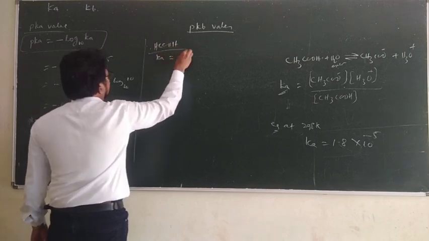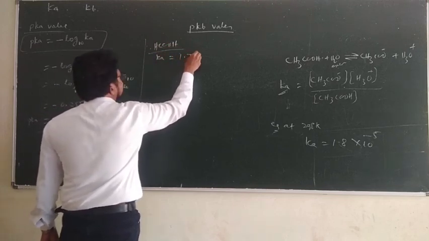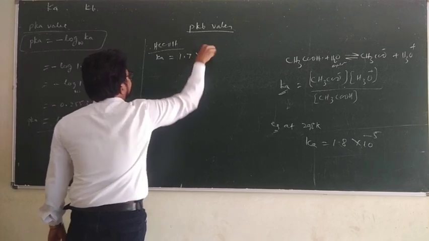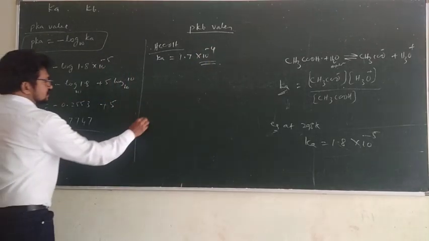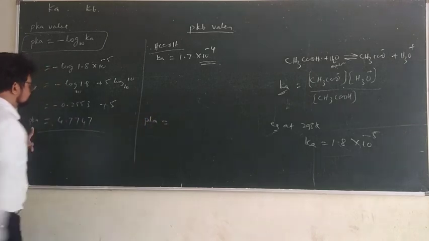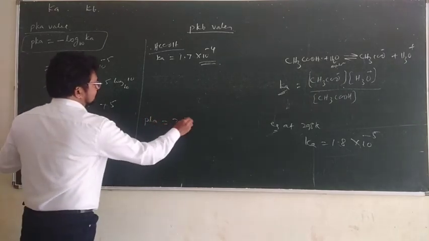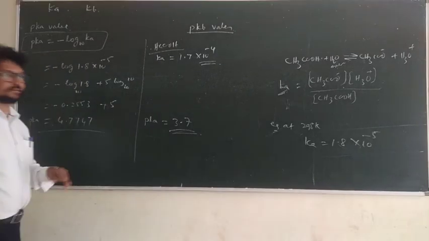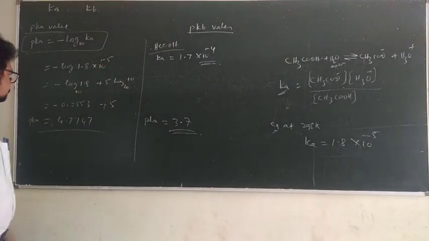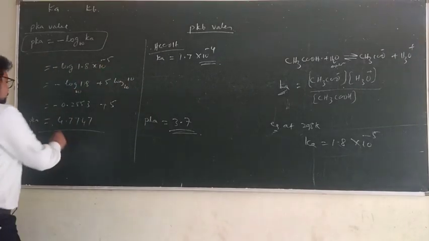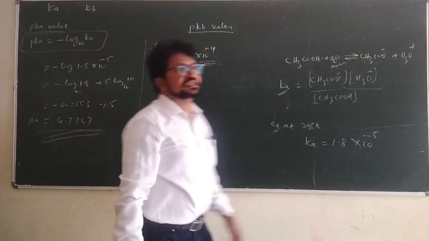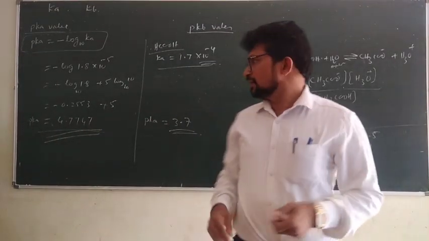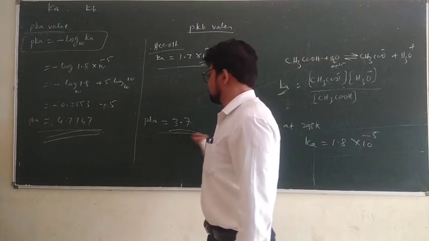Suppose you calculate it for formic acid, HCOOH. The Ka value is 1.7 into 10 raised to minus 4, and if you work it out, it is almost in the range of 3.7. So if you look at the Ka value, formic acid is the stronger acid and its pK value is lesser.